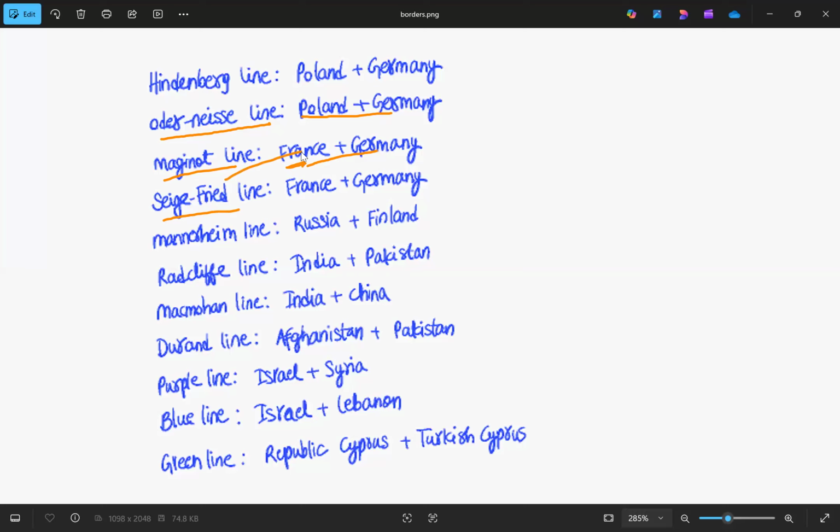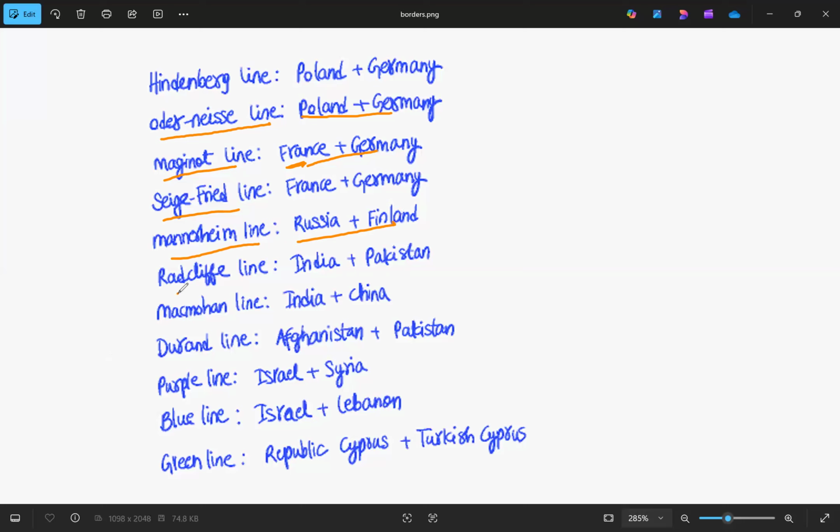So the Maginot line is between France and Germany, the Siegfried line between France and Germany, whereas the Hindenburg line is between Poland and Germany, the Oder-Neisse line between Poland and Germany. The next one is the Mannerheim line. It is between Russia and Finland. The Mannerheim line divides Russia and Finland.